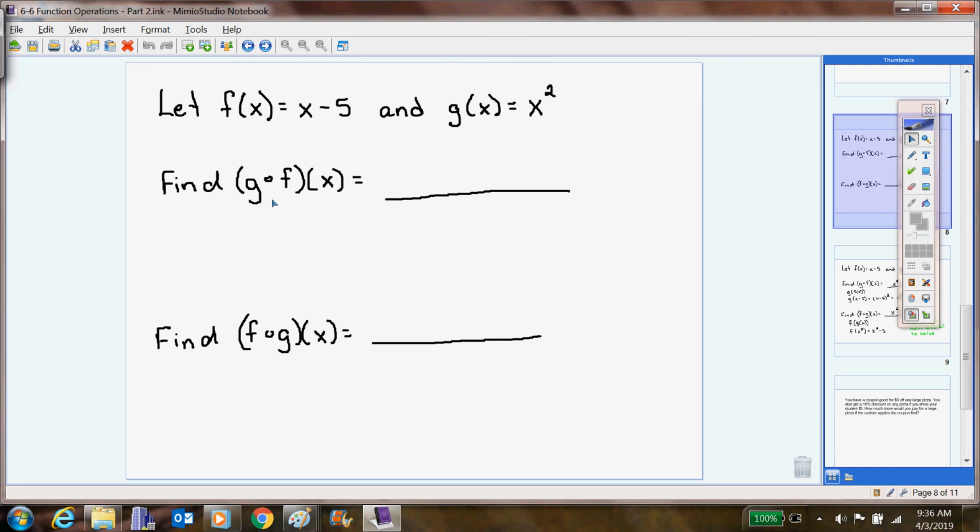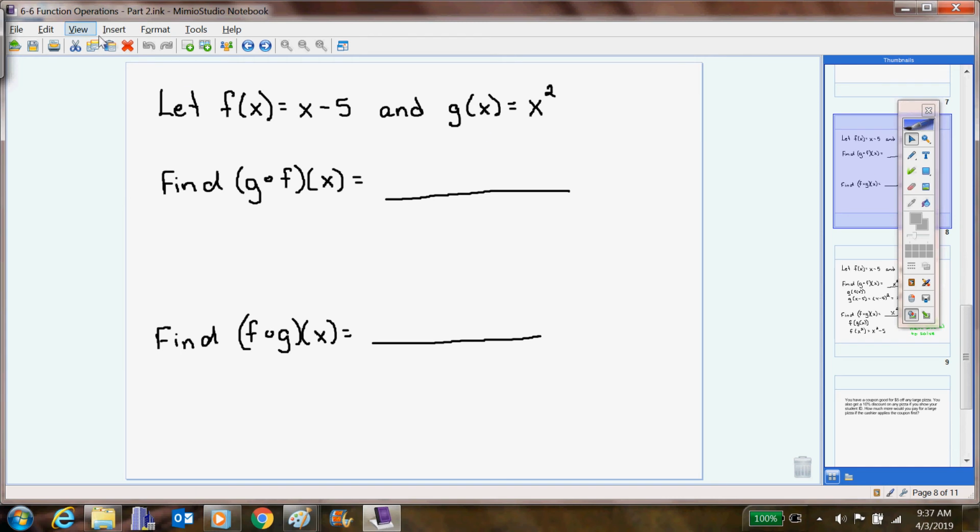So when we have this, notice here it's almost the same thing. We have the same original functions to deal with. But what you're trying to do here is find g of f of x instead of g of f of a specific number.